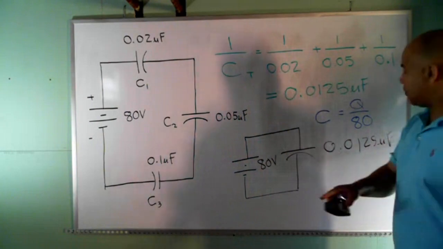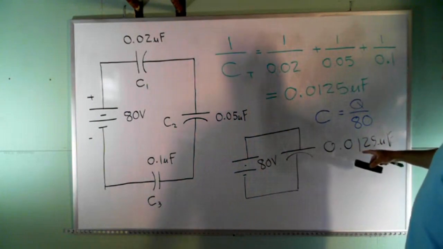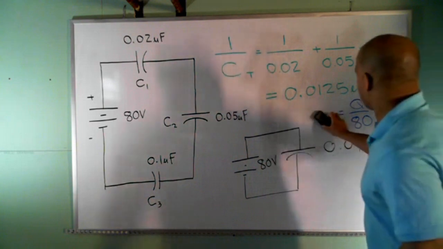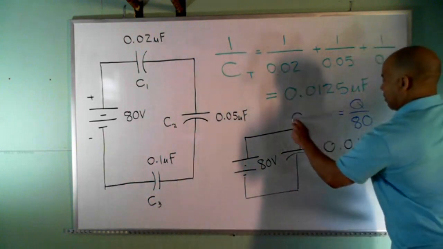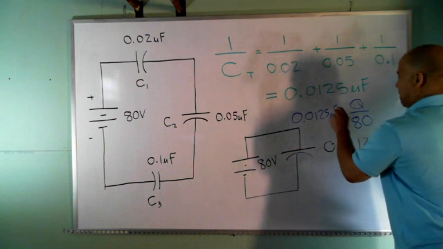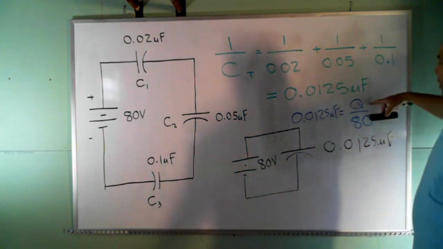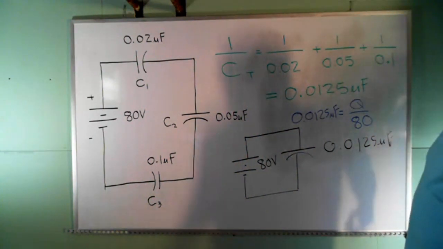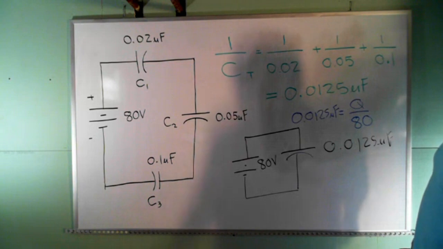You just solved for, somebody just gave me the answer for the total capacitance, 0.0125 microfarads. So that's over here. And all we have here to solve for is Q. So if you solve this for Q, then we've got every piece in that equation we need.